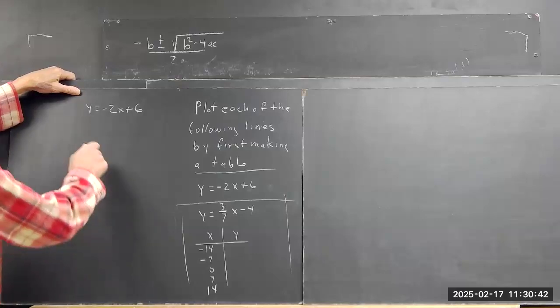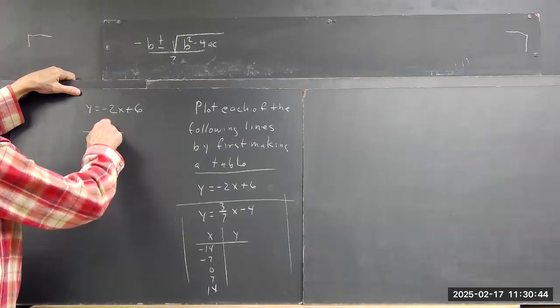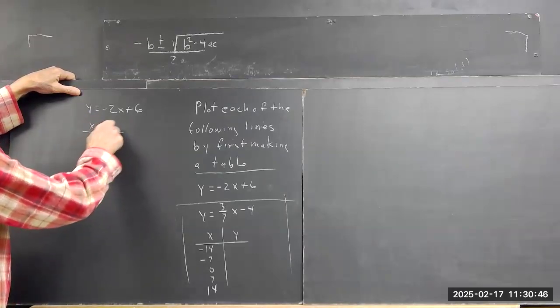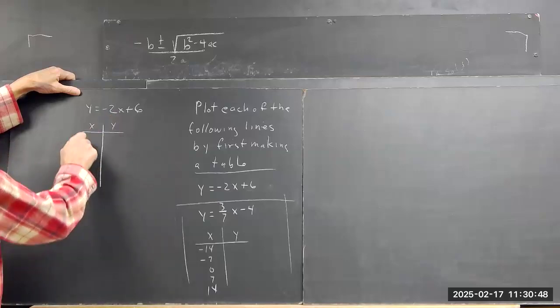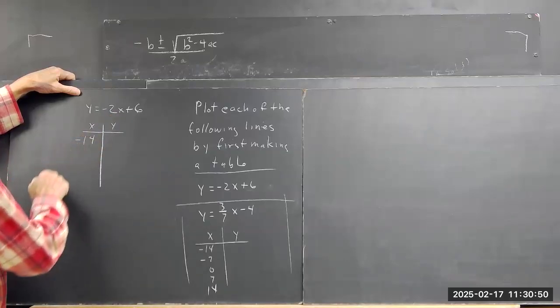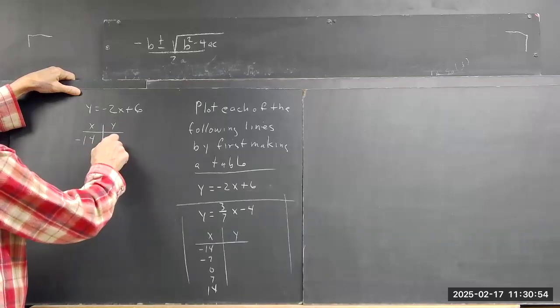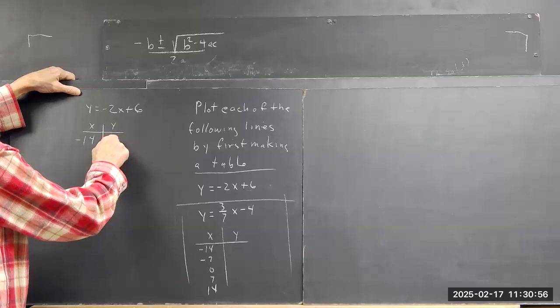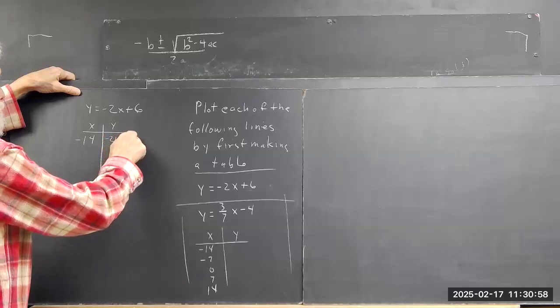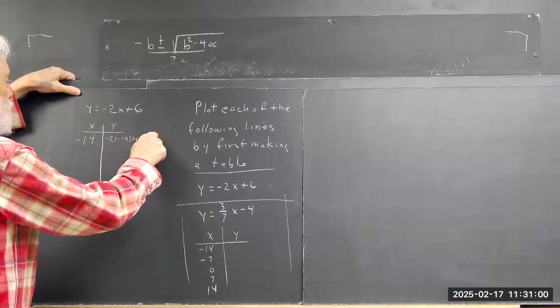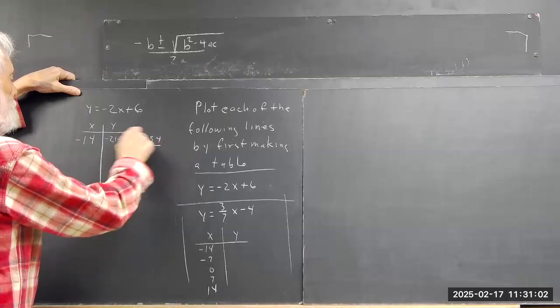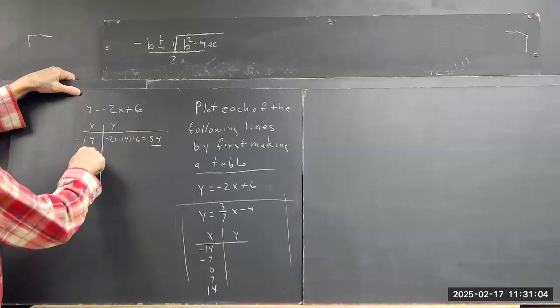Okay, so we have x, we have y. X is -14. Y is, well, I'll go ahead and do the calculation. -2 times -14 plus 6 equals 34. Next, x equals -7.